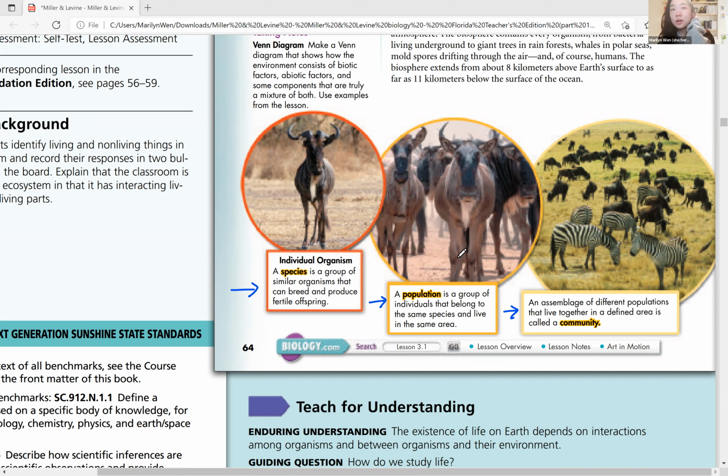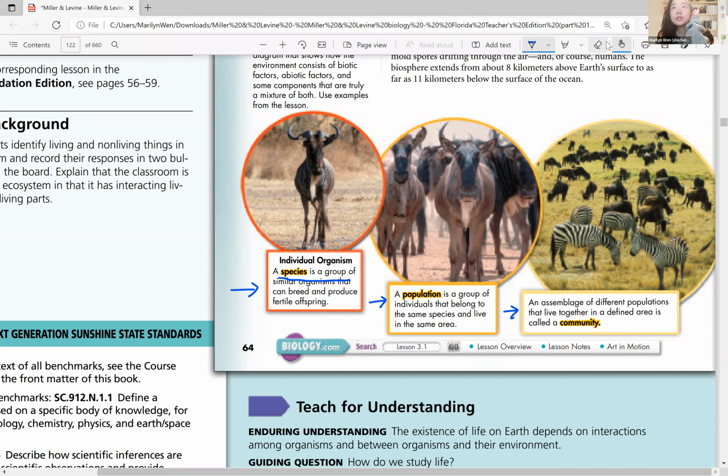Okay, so read about what a species is. These are all just definitions.